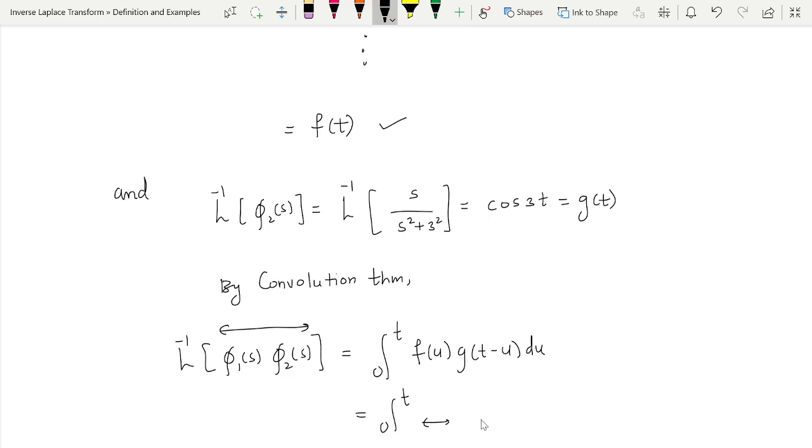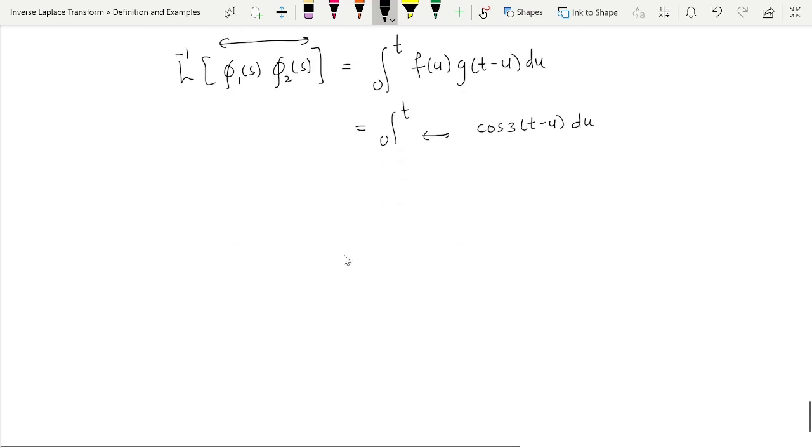You can put the value of f of u, you can put the value of g of t minus u. Your value of g of t minus u would be cos of 3 times t minus u du, and you can proceed further and you can get your final answer. So this is how you can use convolution theorem to find inverse Laplace transforms of different functions.